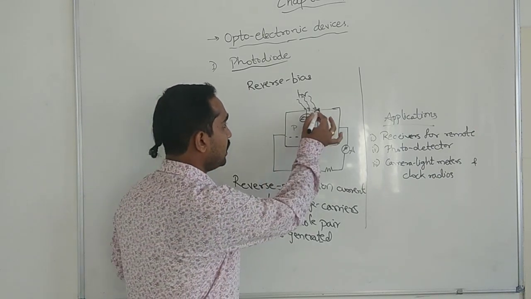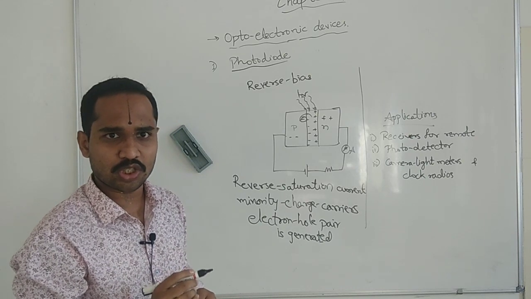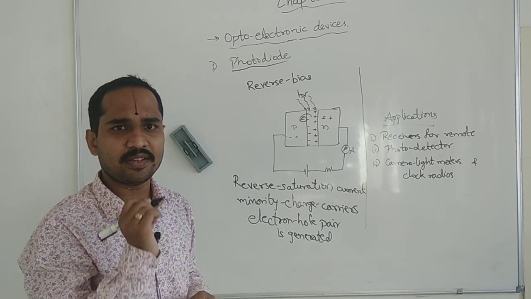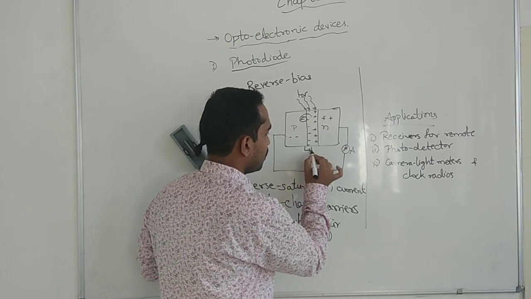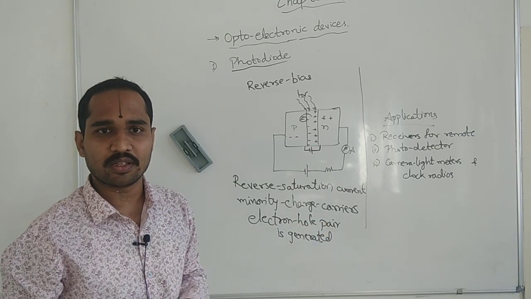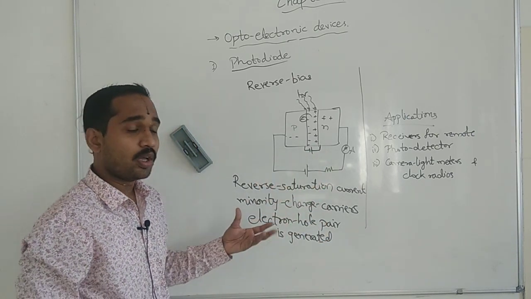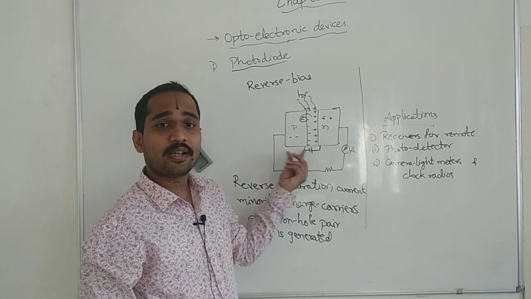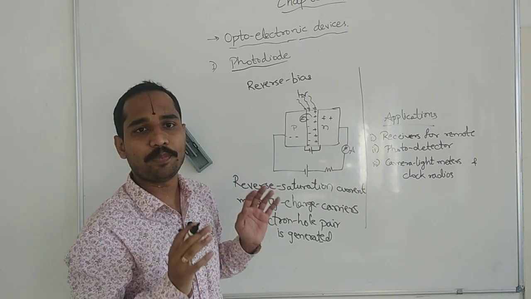But here the potential difference is there, no? The junction potential will have its own electric field or potential. This diagram you already know. So now this will try to separate the electron hole pairs.